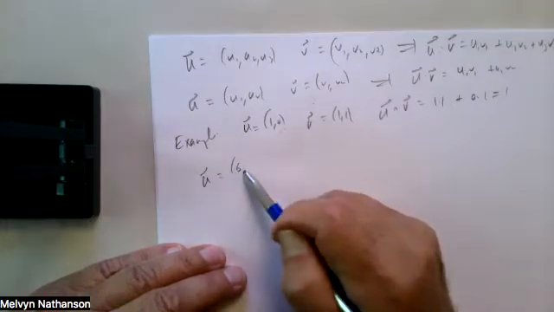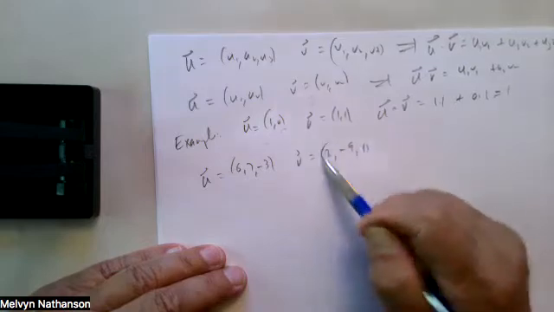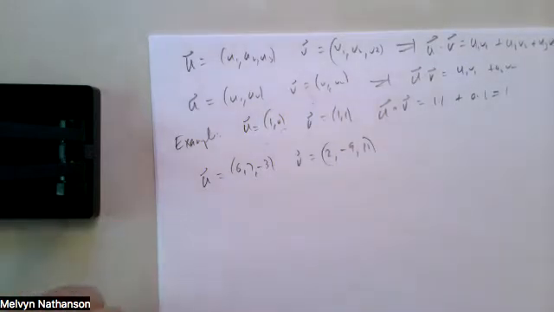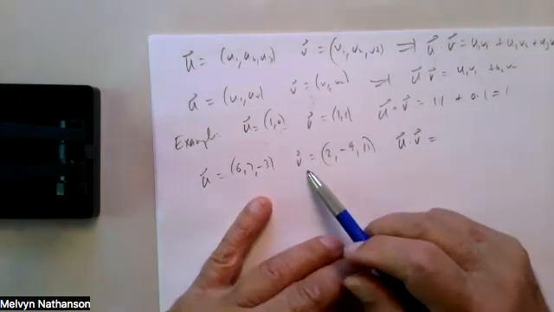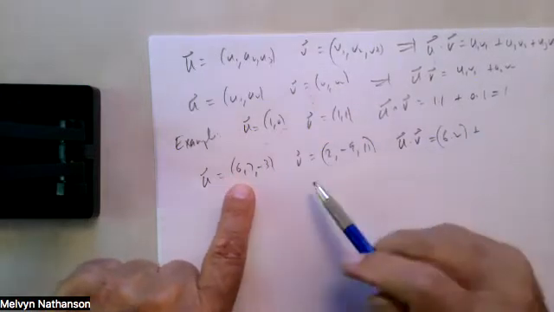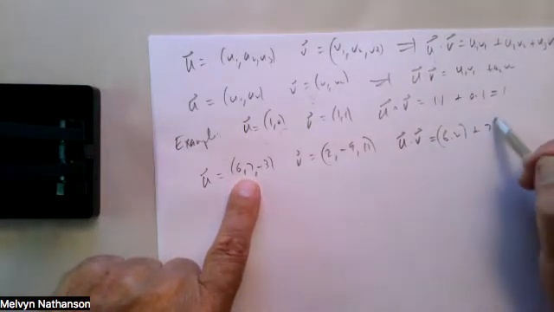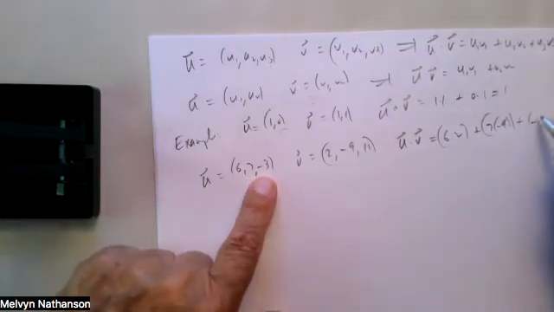If u is the vector (6, 7, -3), and v is the vector (2, -9, 11), what's the dot product? If you had to calculate this by computing the lengths of the vectors and trying to figure out the angle between them, that'd be very hard. But our simple formula now makes it easy. You take the products of the first coordinates, 6 times 2, plus the products of the second coordinates, 7 times -9, plus the products of the third coordinates, -3 times 11.